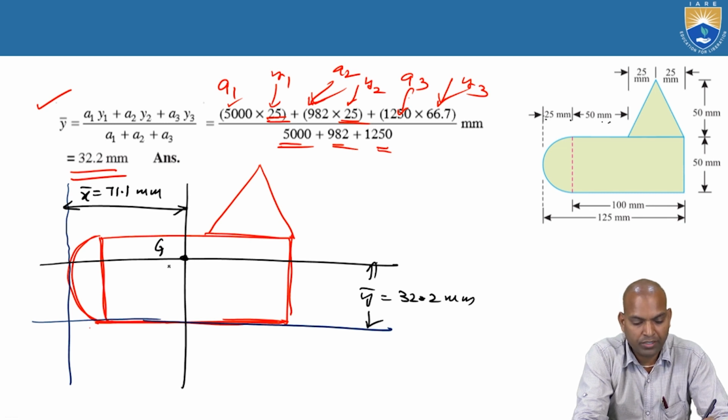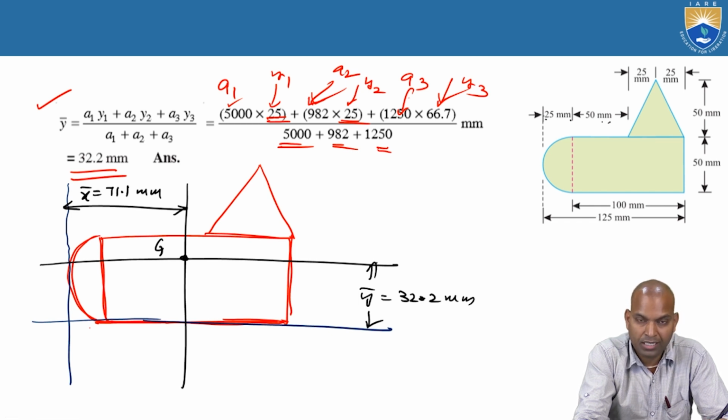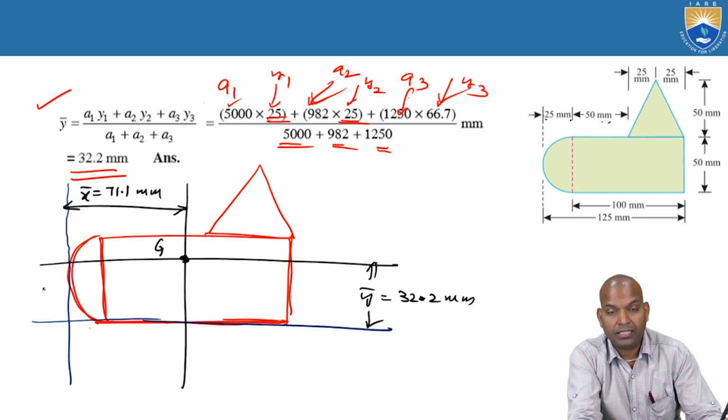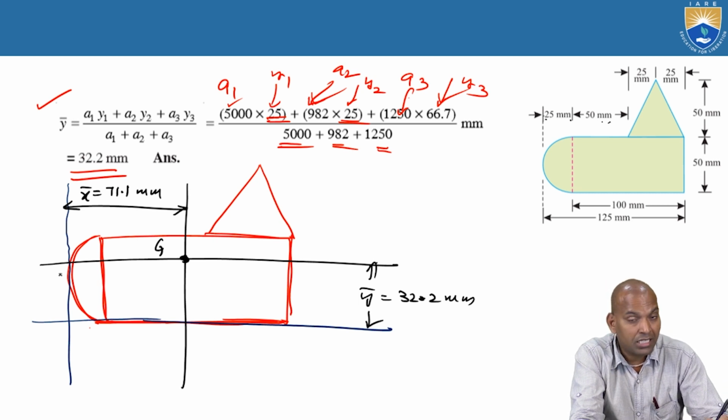The point of centroid of this composite geometry of semicircle, rectangle and a triangle is on the plane of the geometry. Understand? But here it is neither symmetrical about horizontal nor vertical axis.